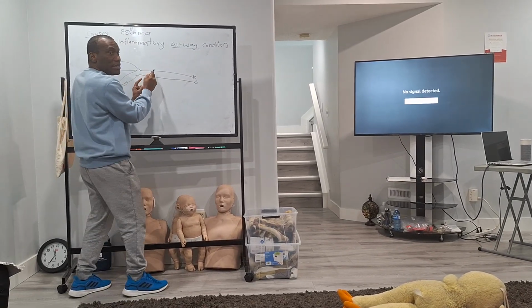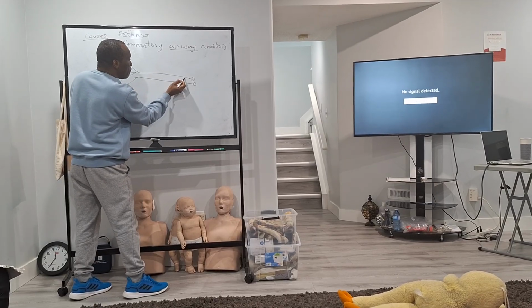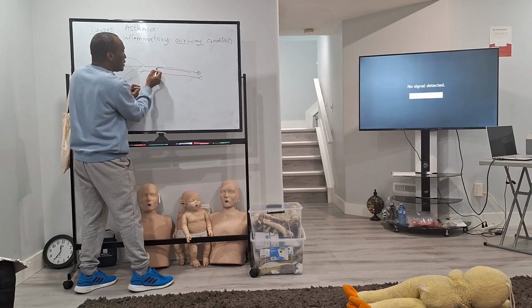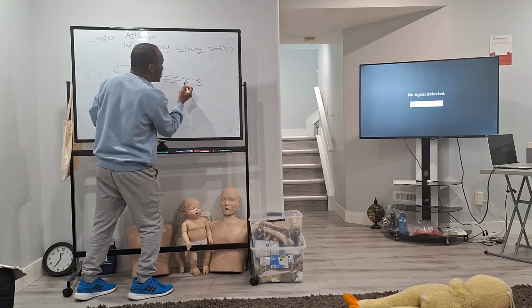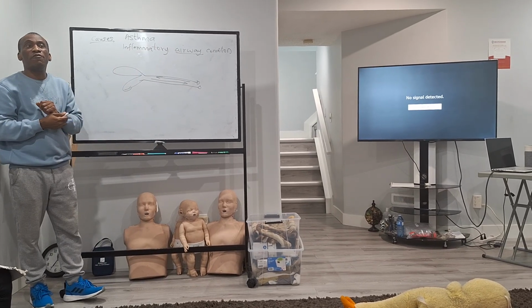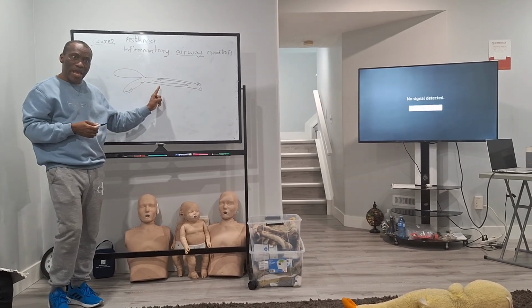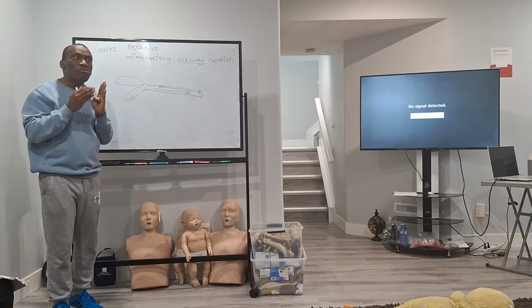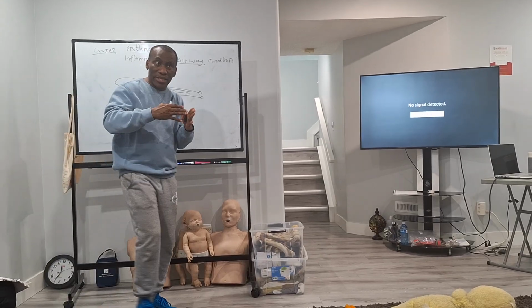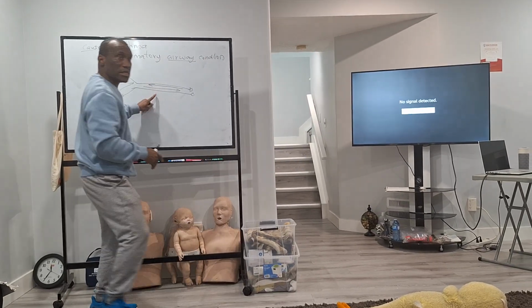So there's movement here. Remember that movement in and out is breathing. This is the only movement allowed within the airway. I hope you are taking note of what I'm saying. The only movement allowed within the airway, which is a passage, is breathing.